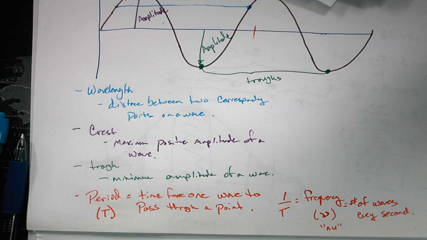So for example, RPM in your car is a frequency. A revolution counts as a cycle or a wave unit. So RPM is revolutions per minute. That's the frequency of your car. In fact, we talked about the Doppler effect the other day, right?